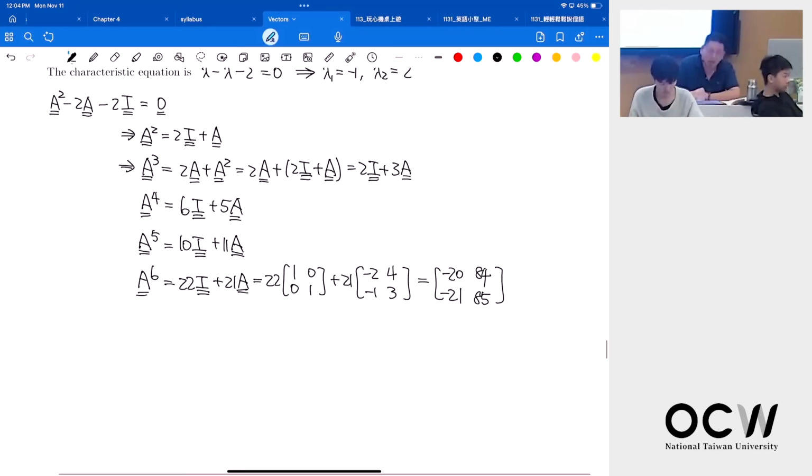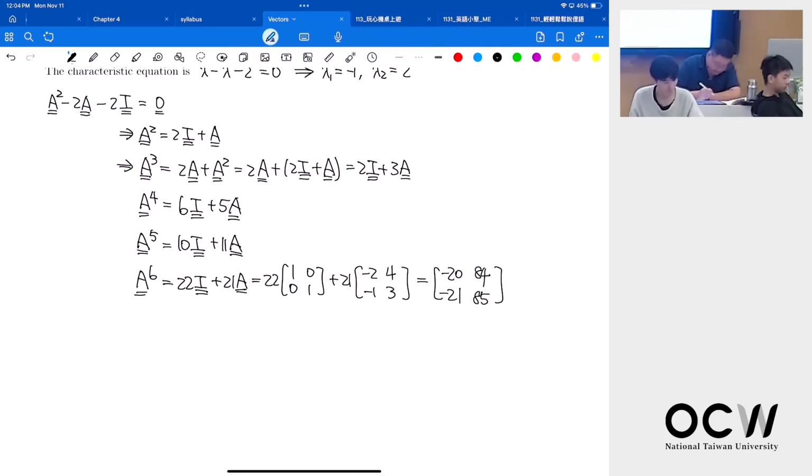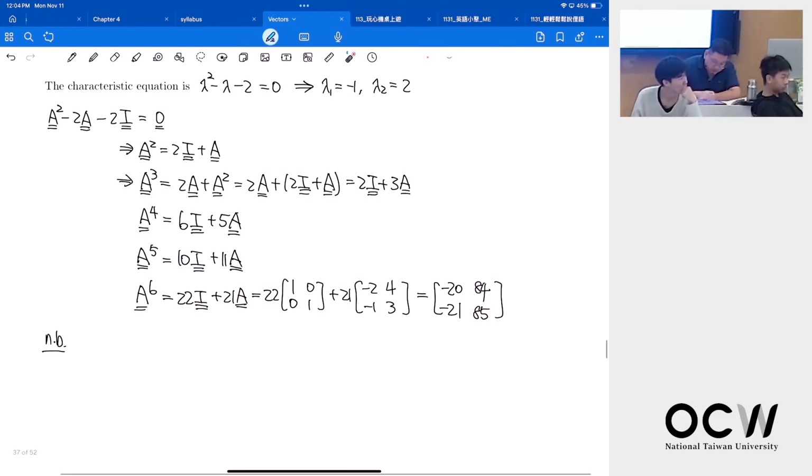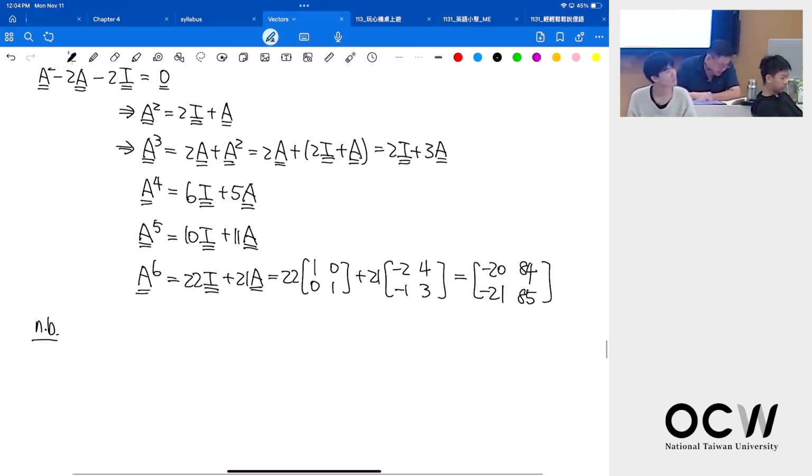Let's generalize this, because first we found the characteristic equation, and then we changed the lambda to the matrix A. But if we see the characteristic equation again, lambda squared equals 2 plus lambda.